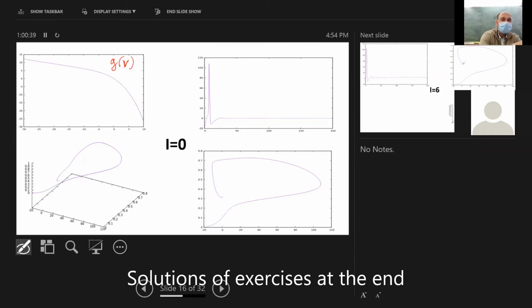All right. So which means that here it's a numerical expression. We plotted the g of v, and so you have here the solution. You see that g of v crosses y equals 0 at one point.